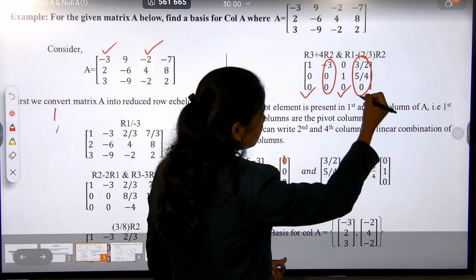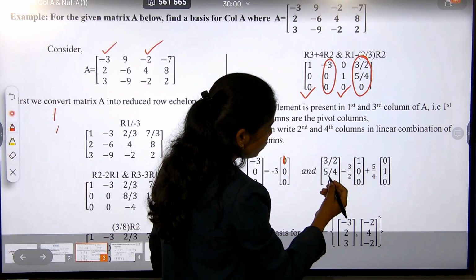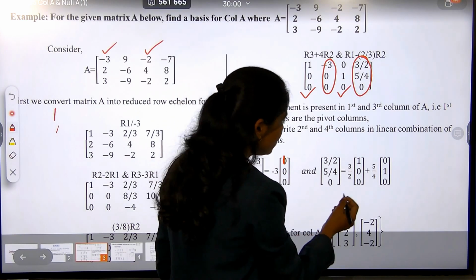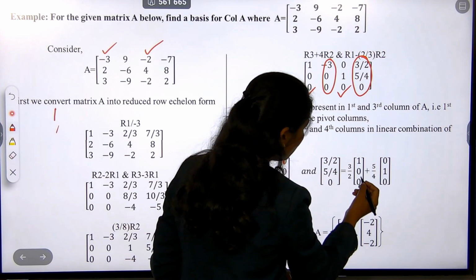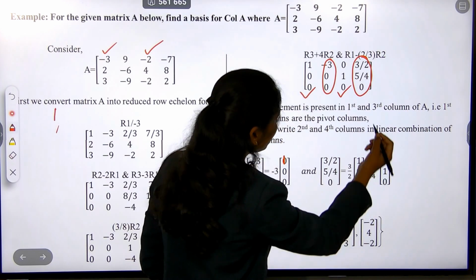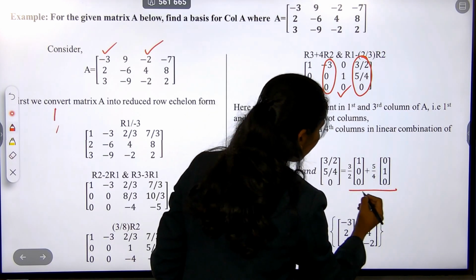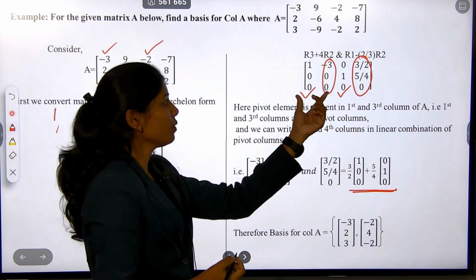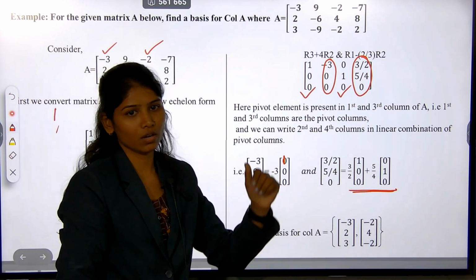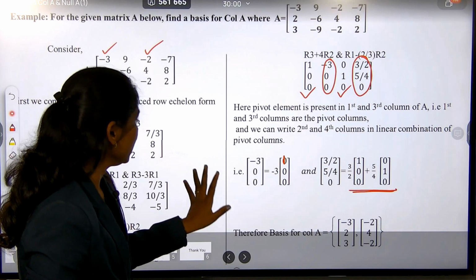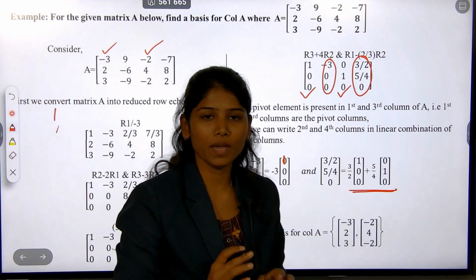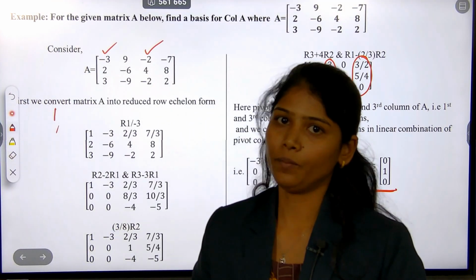Then take the fourth column 3 by 2, 5 by 4, 0. We can write this as 3 by 2 into 1, 0, 0 plus 5 by 4 into 0, 1, 0. So the fourth column is a linear combination of the first and third columns. In that way we can find the basis for column space of A. Thank you.